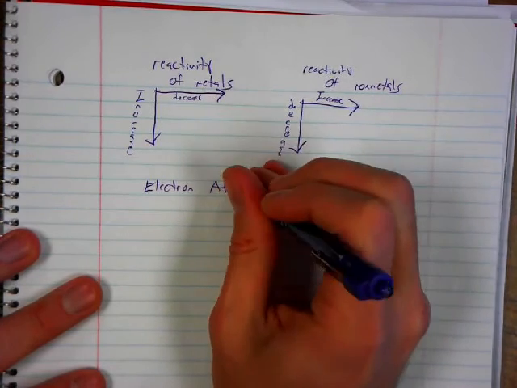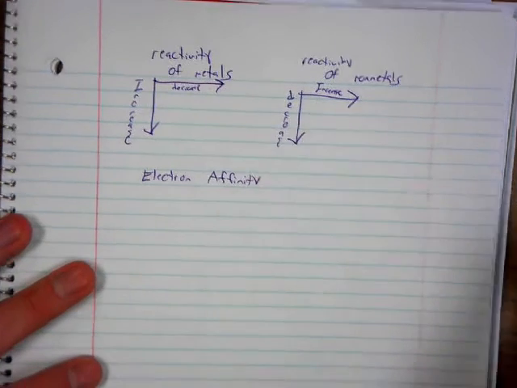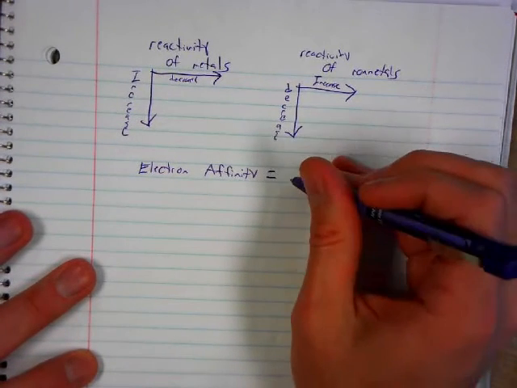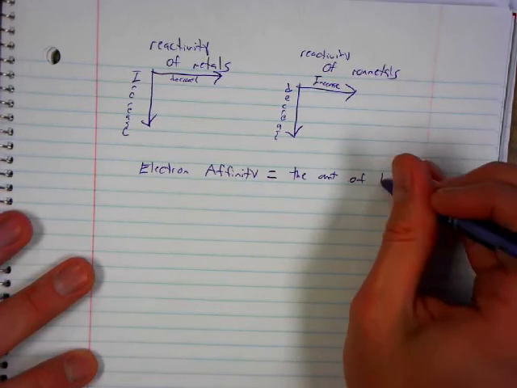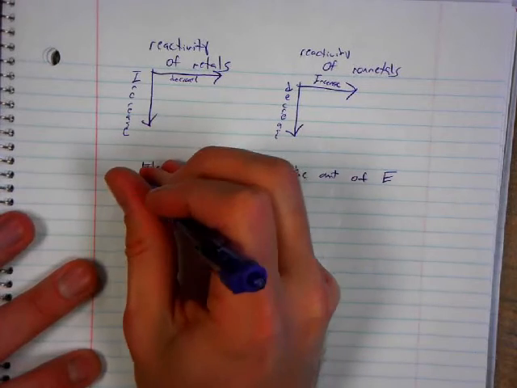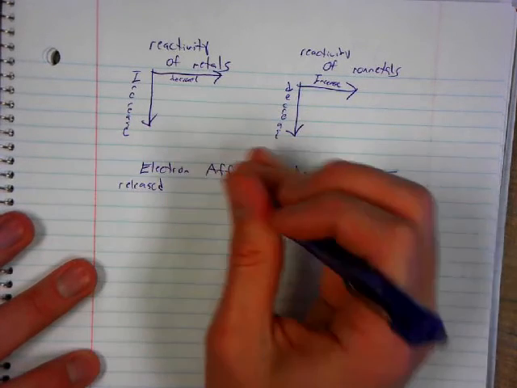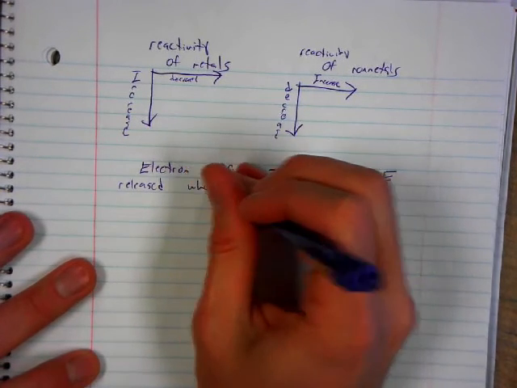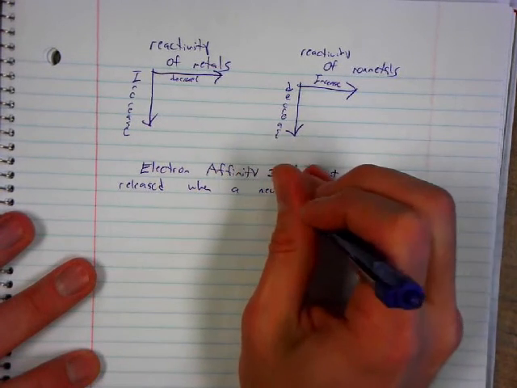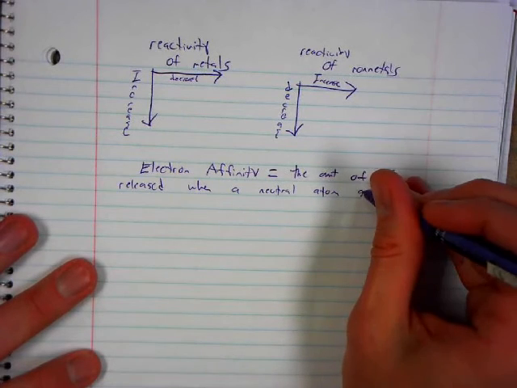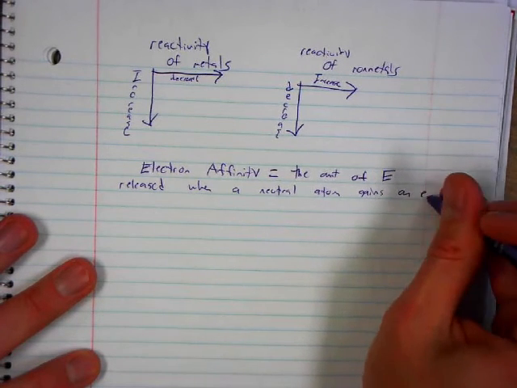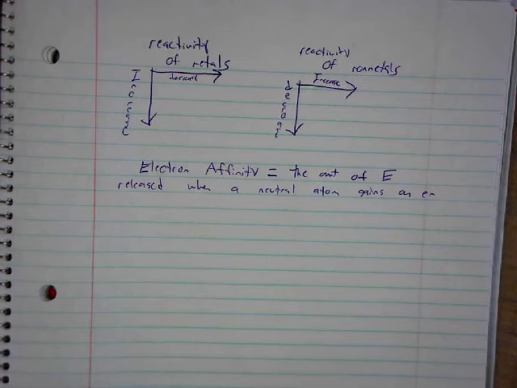Almost the last one. Electron affinity. Electron affinity is equal to the amount of energy released when a neutral atom gains an electron.